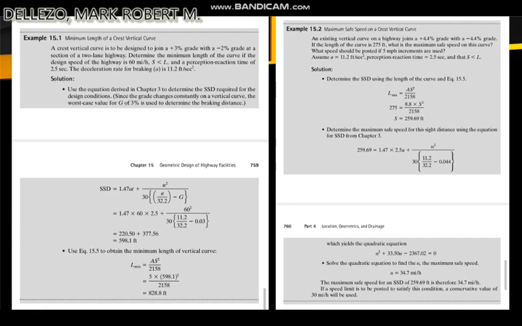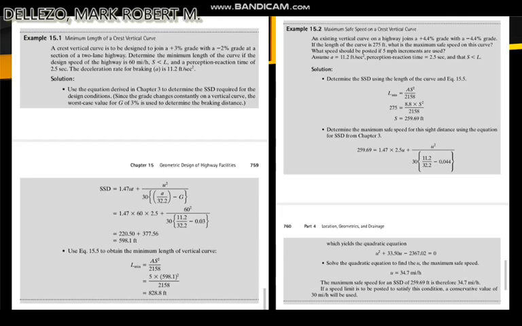Determine the minimum length of the curve if the design speed of the highway is 60 miles per hour, S is less than L, and the perception-reaction time is 2.5 seconds. The deceleration rate for braking, or a, is 11.2 feet per second squared. So the solution is this.